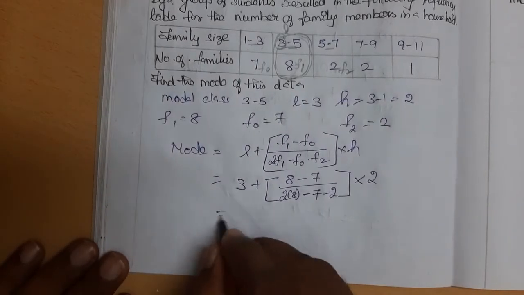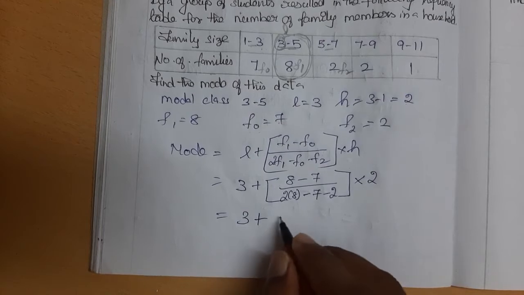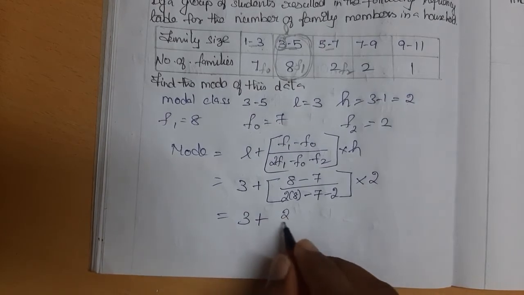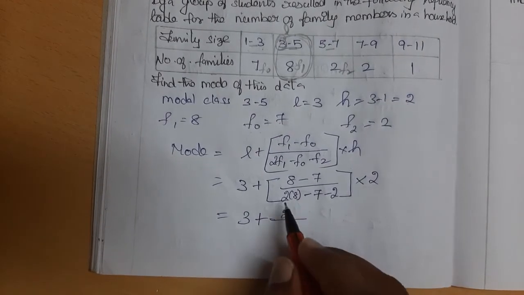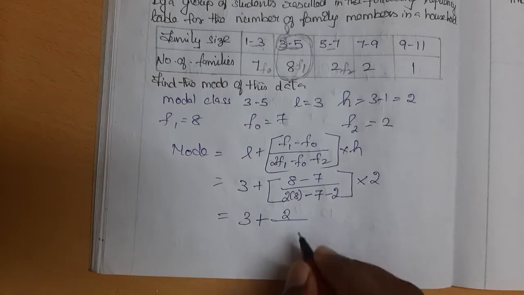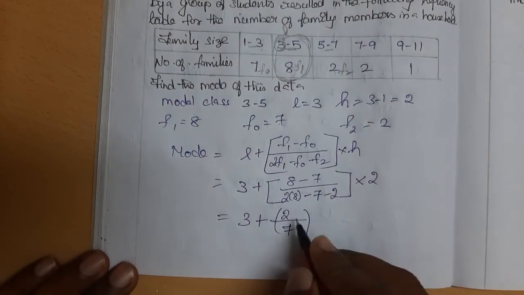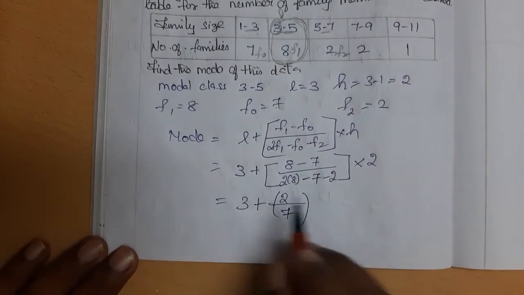So let me substitute. 3 plus (8 minus 7 is 1) divided by (2 times 8 is 16, 16 minus 7 minus 2 will be 7). Here 8 minus 7 is 1, 1 into 2 is 2. I represent it directly, this I multiply.